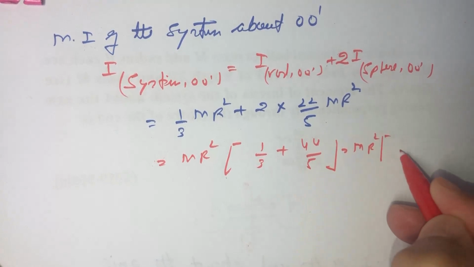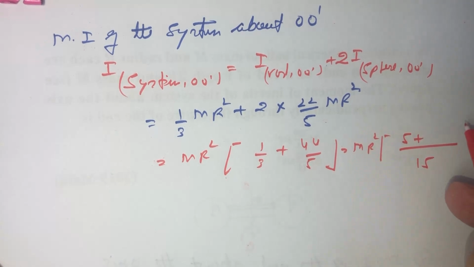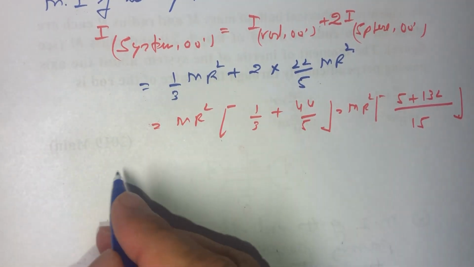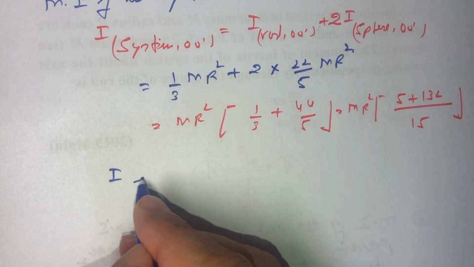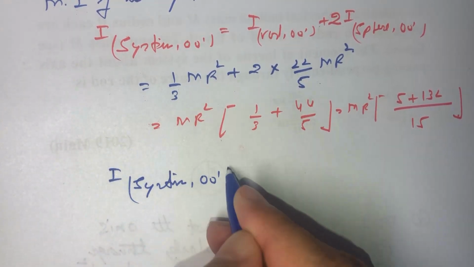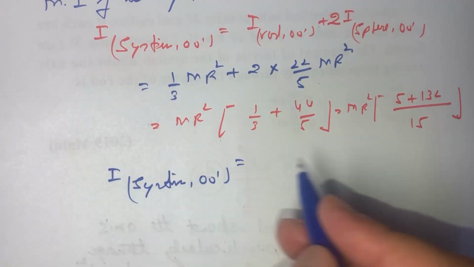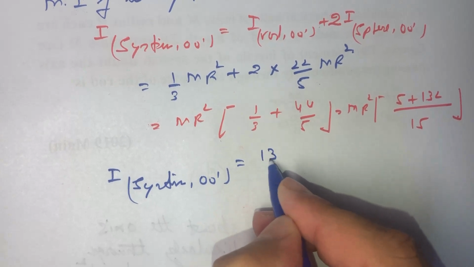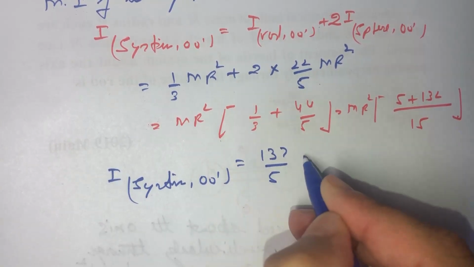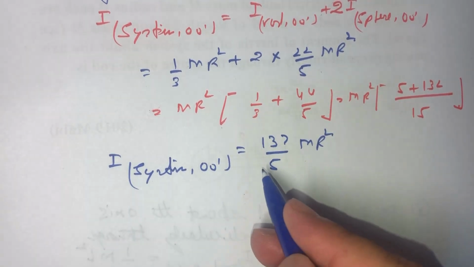Mr square, we have 15 and this is over 5 plus, and this will be coming as 132. Therefore you can say the moment of inertia of the system about the axis OO prime, which is perpendicular and passing through the center of the rod, will be equal to 137/15 mr square. Sorry, 15, not 5.